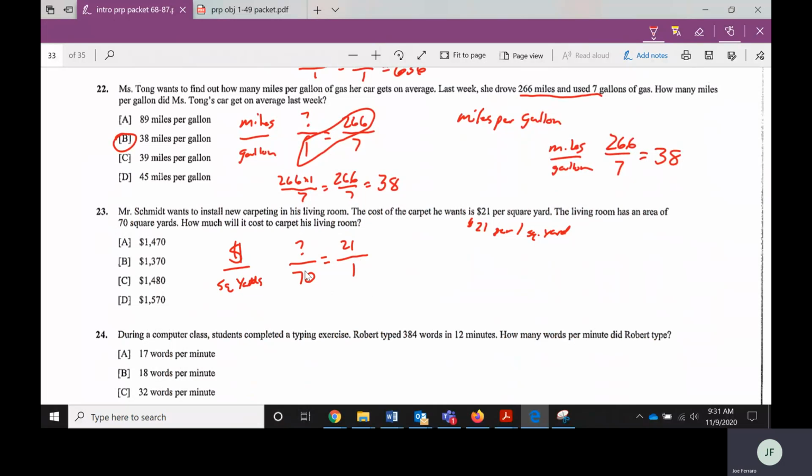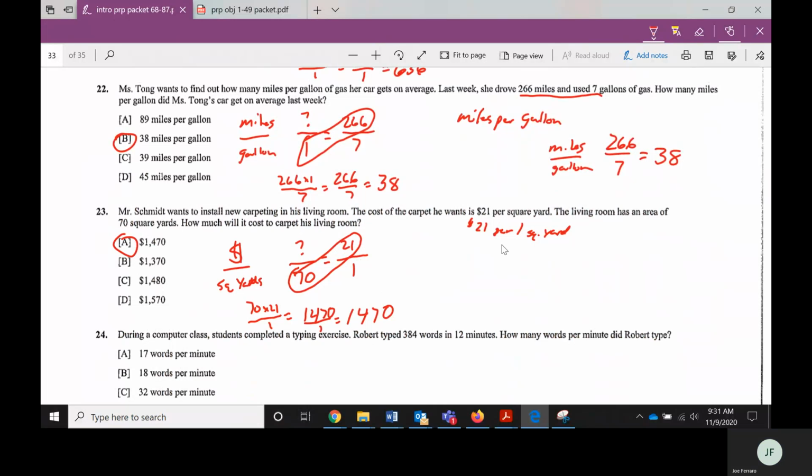Okay, so cross multiply and divide. Take the diagonal with two numbers. 70 times 21, divide by the third. 70 times 21 is 1,470 divided by the third number, still just gives you $1,470.